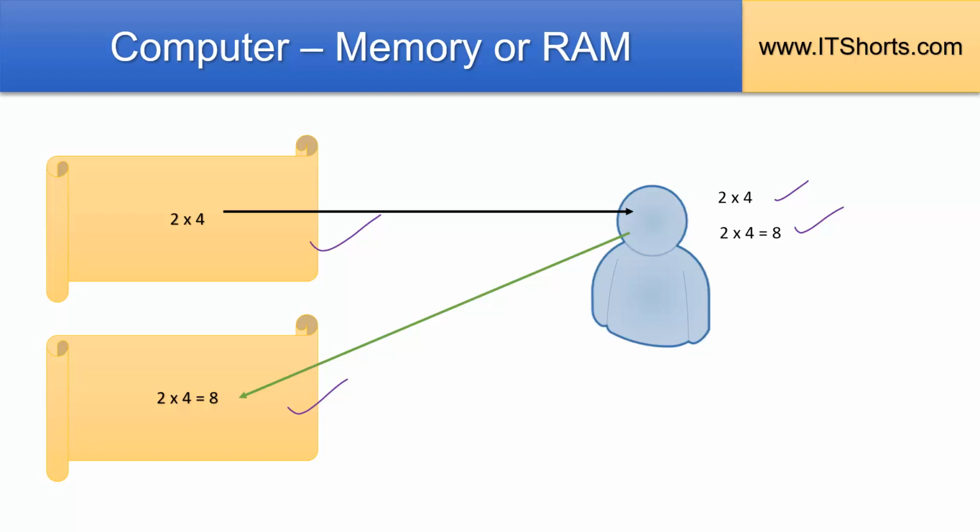In this example, a part of our brain acts as memory to store these numbers. Then another part of our brain does the calculation. Point is, the calculation never happens on the paper directly without bringing those numbers into our memory, right?